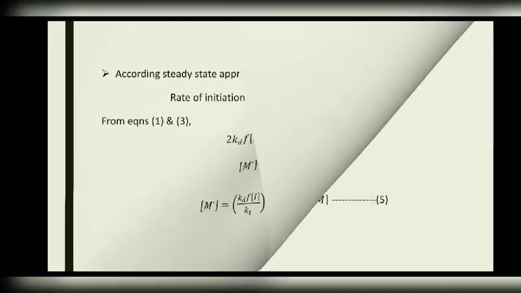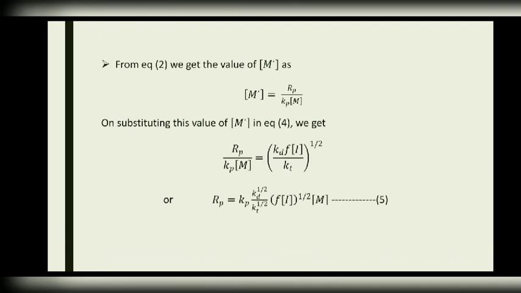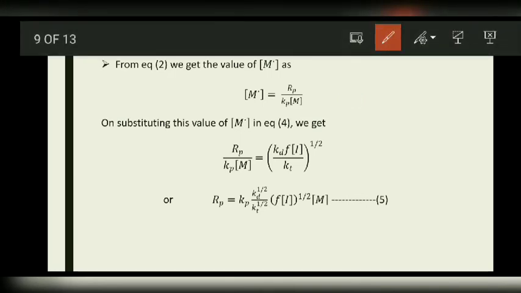Then from equation 2, that is the rate of propagation equation, we can get the molar concentration of M dot as: Rp is equal to Kp into molar concentration of M into M dot, so M dot is equal to Rp divided by Kp into molar concentration of M. Let us substitute this value of M dot in equation 4.